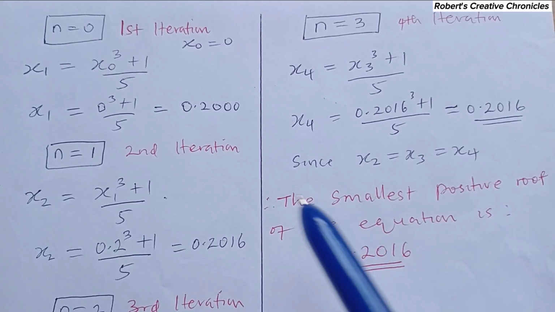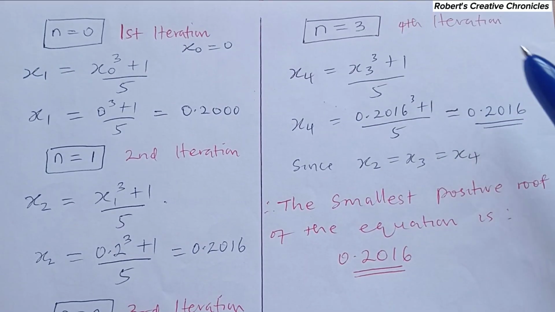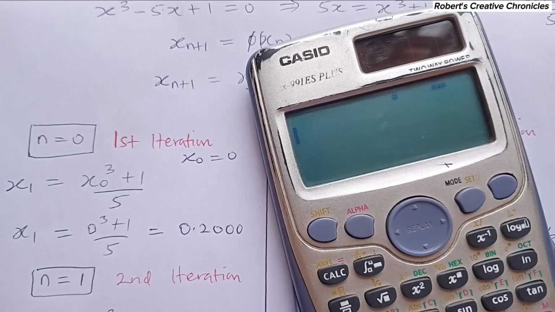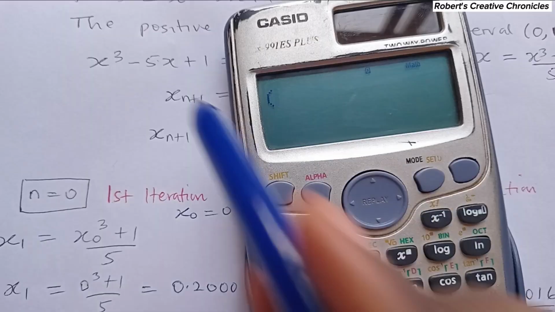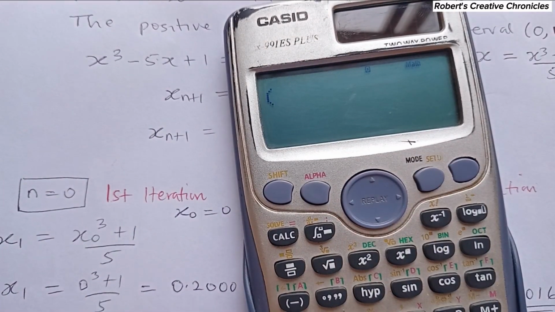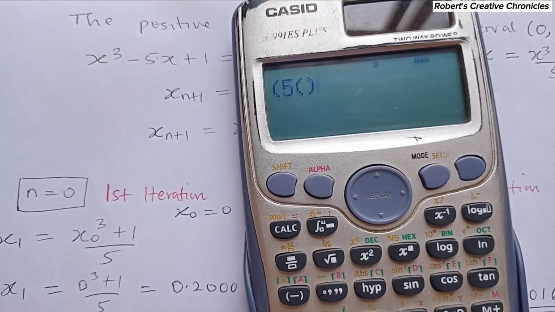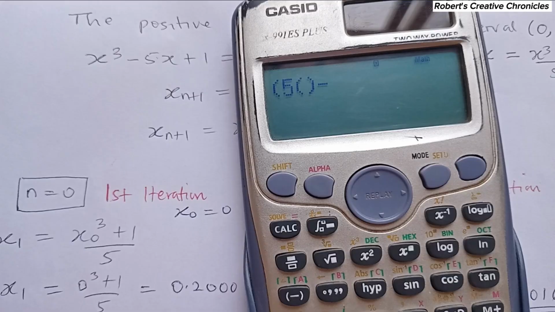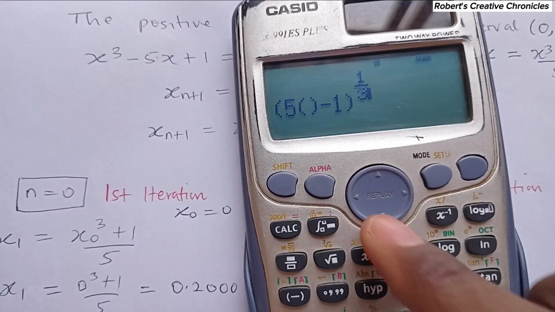In fact, it will even give you values that are outside this interval. For instance, if you take this to the other side and find the cube root of both sides, you get the cube root of 5x minus 1.